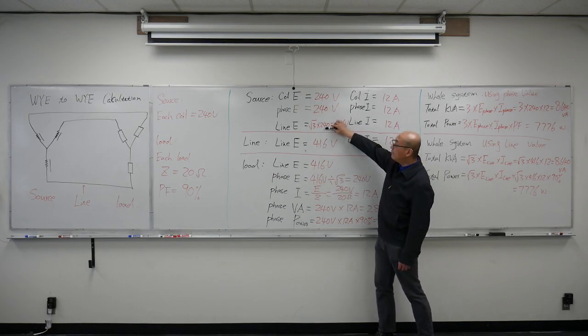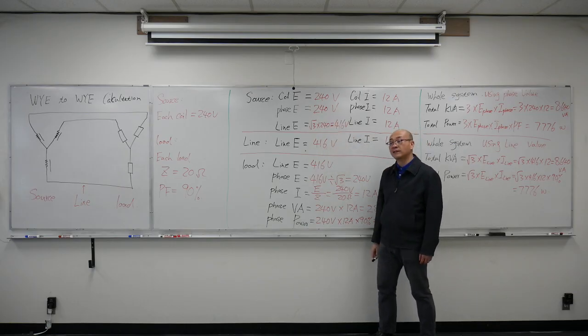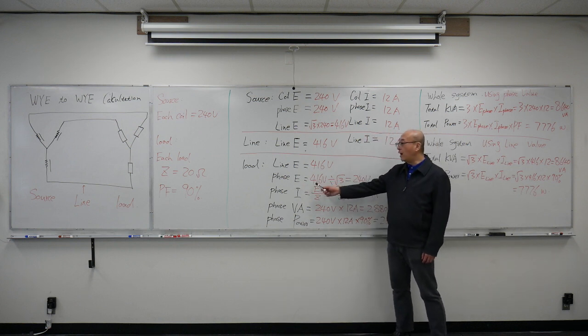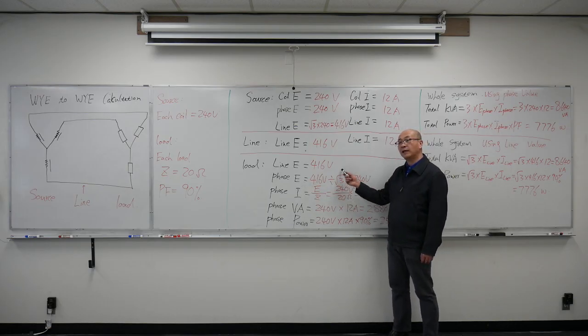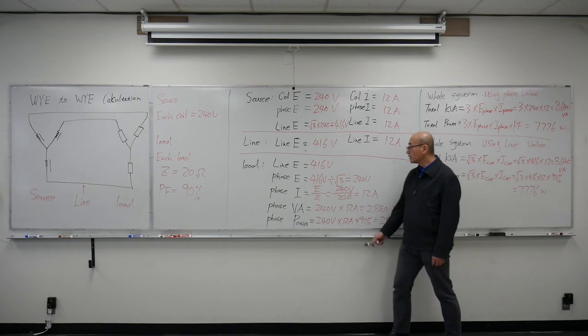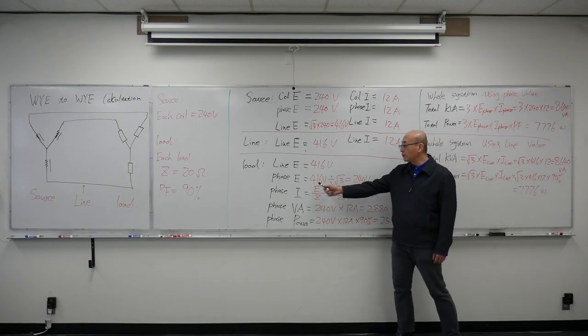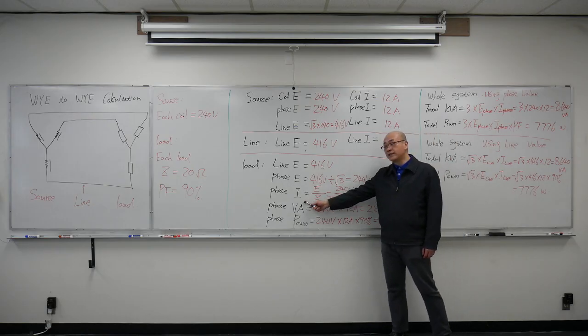So the line voltage at the source, on the line, and on the load side is always the same, 416 volts. Come to my phase. My load is connected in Y, so the phase voltage will be √3 lower than my line voltage. So my phase voltage will be 240 volts, 416 divided by √3.